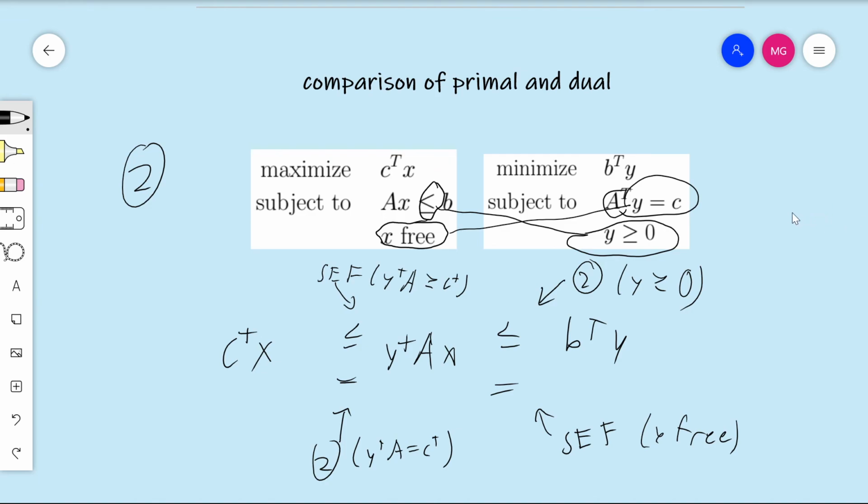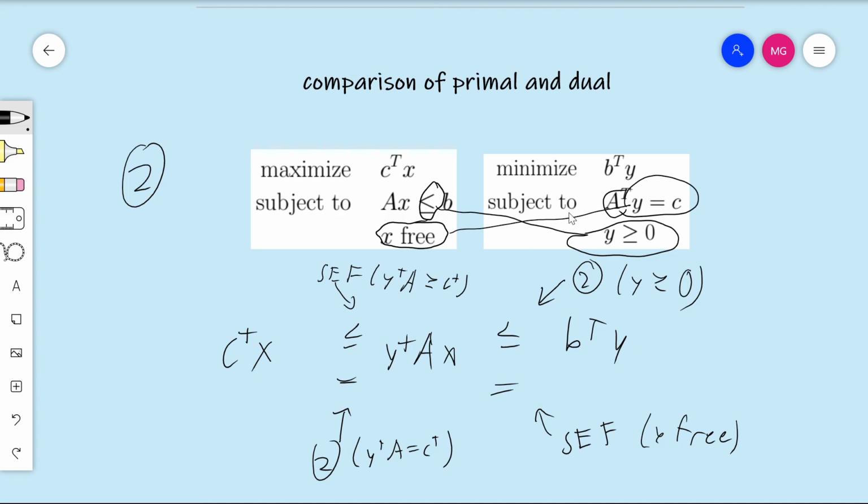And so you can see that more relaxed constraints in the primal correspond to stronger constraints in the dual. The most relaxed thing you can have is a free variable, and so the strongest constraints you can have are equals to constraints. And kind of in the middle is less than or equal to constraints, and correspondingly you have greater than or equal to 0 constraints for the variables in the dual.